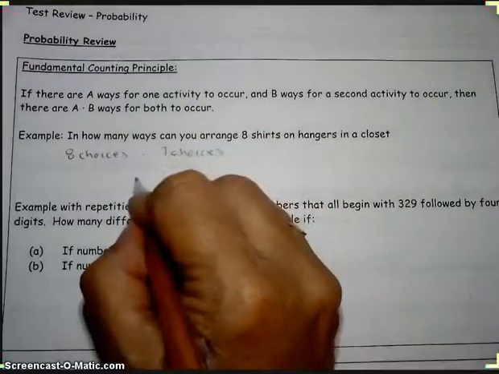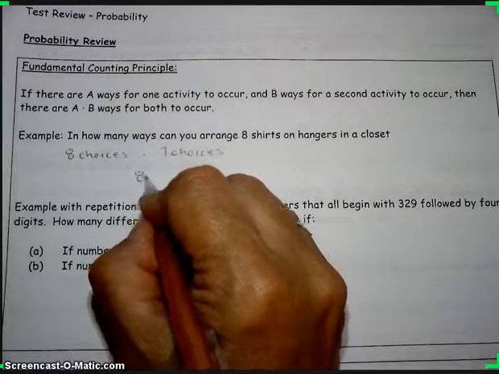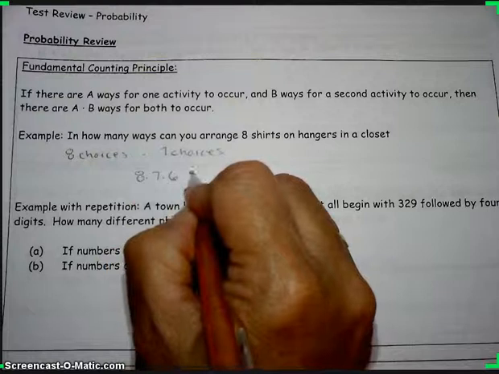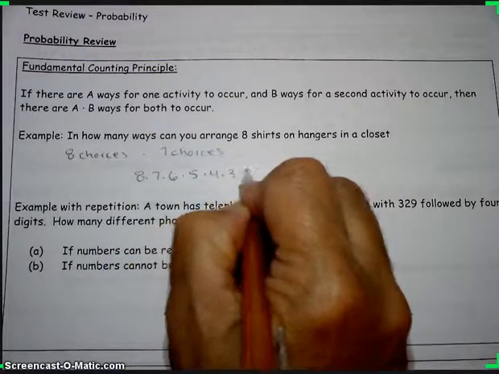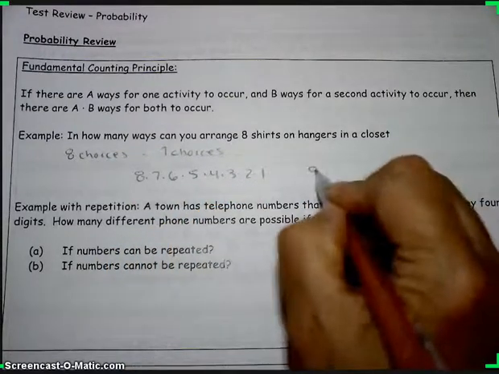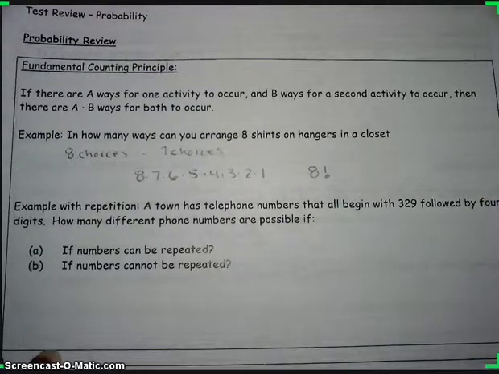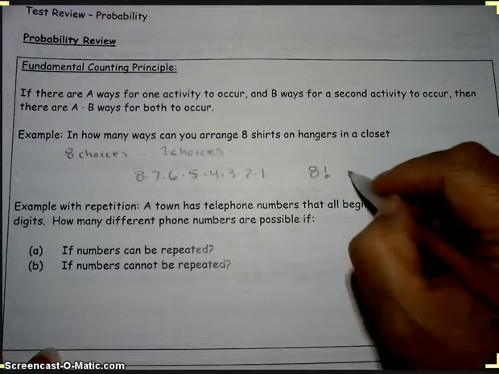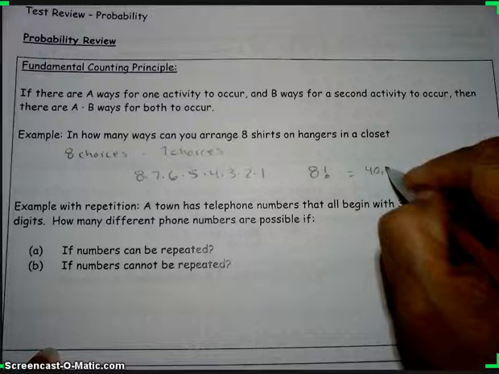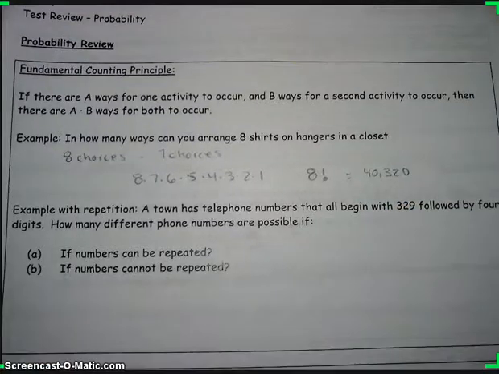So this would be 8 times 7 times 6 times 5 times 4 times 3 times 2 times 1, or you write this as 8 factorial, which is equal to 40,320.